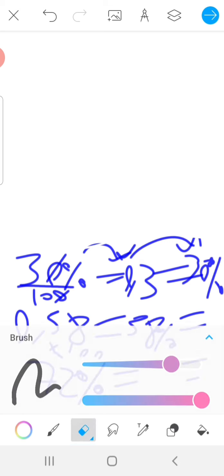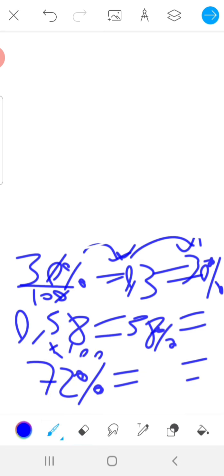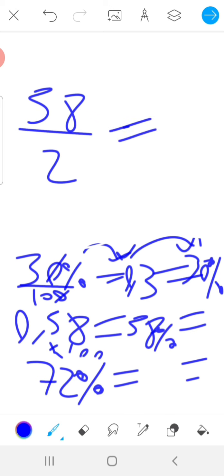If we divide 58 by 2, we get 29, because 8 divided by 2 is equal to 4. But the 100 also gets divided. So there was 58 hundredths, right? The 100 also gets divided to a 50, so this is 29 50ths now.